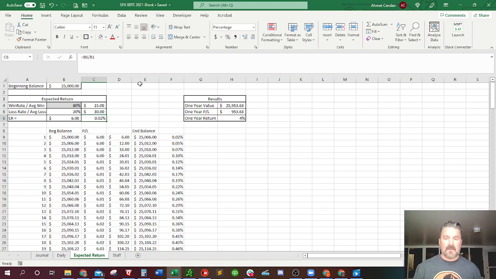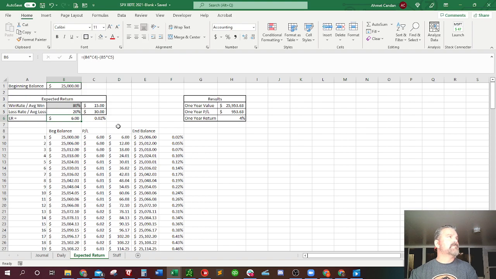Well, at the end of however many times you flip that coin, you're looking at an average profit of $6 per flip. Okay, so that's kind of how this calculator works. It's kind of neat.